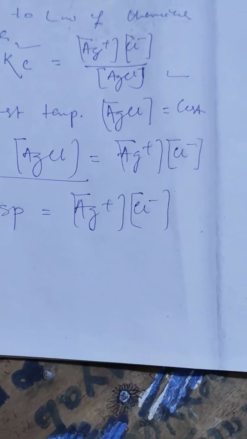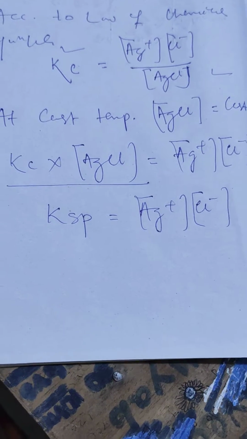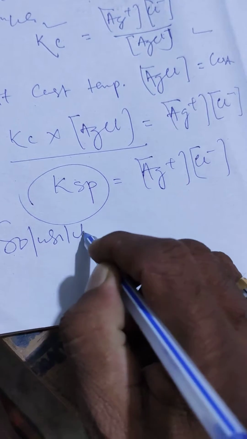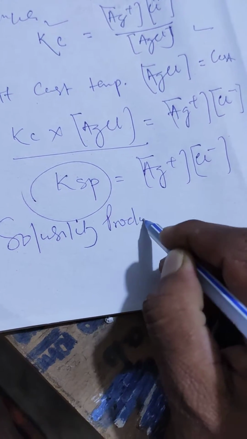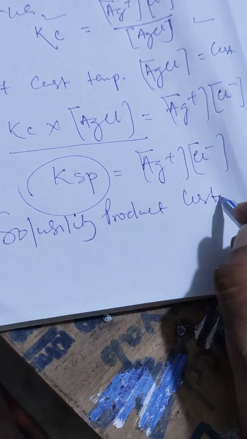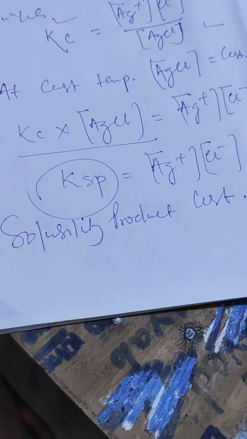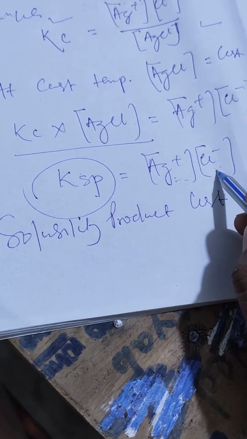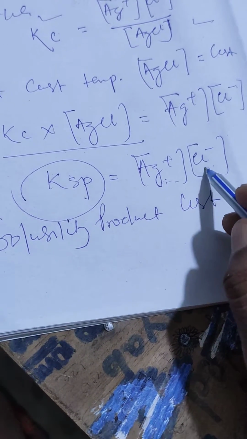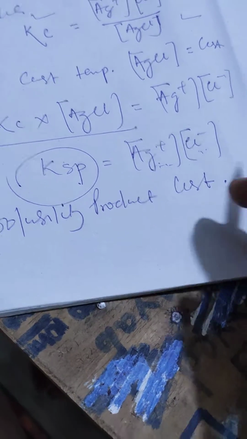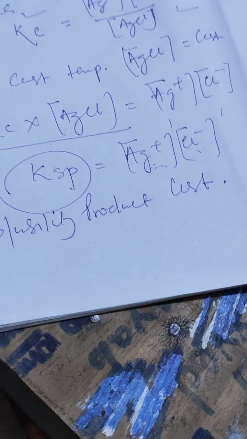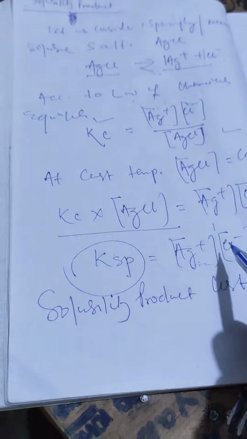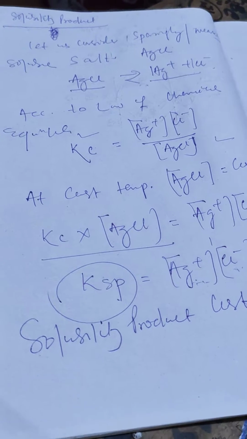So this is called the solubility product constant. So for any type of sparingly soluble salt, the solubility product constant is equal to the product of molar concentration of all ions produced by the sparingly soluble salt, each raised to the power equal to the coefficient appearing in the balanced chemical equation. As it appears 1 here, so it is raised to 1 here.